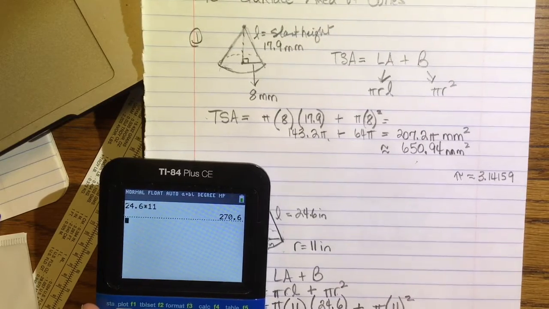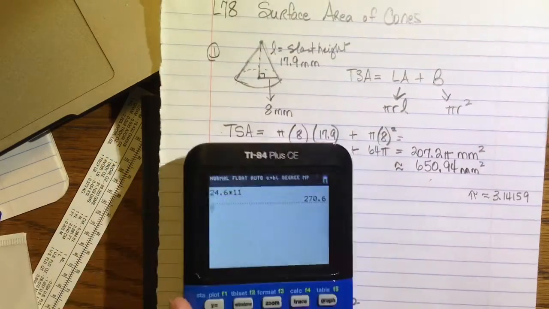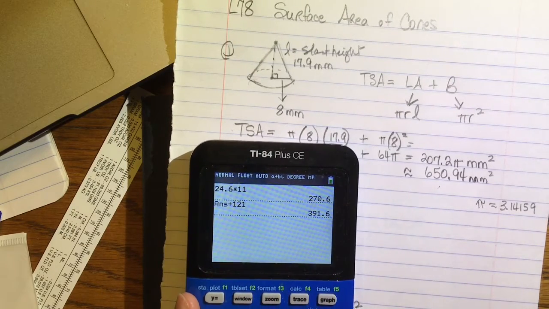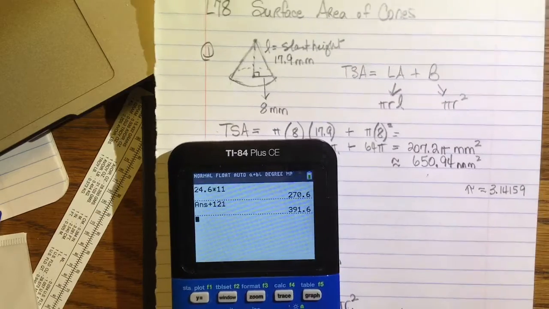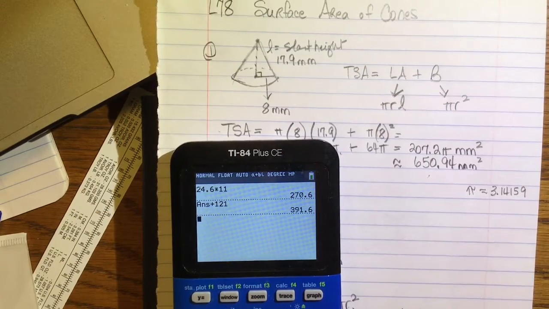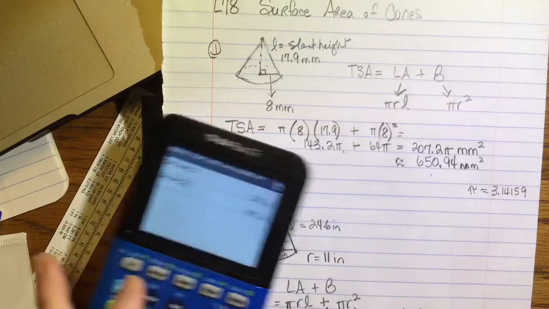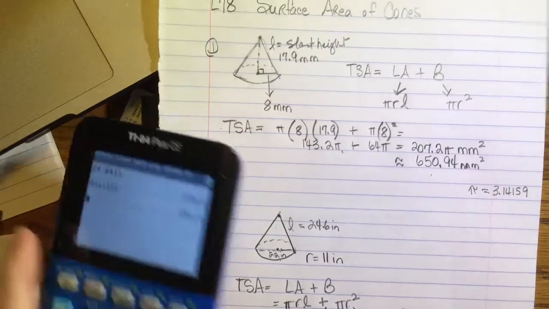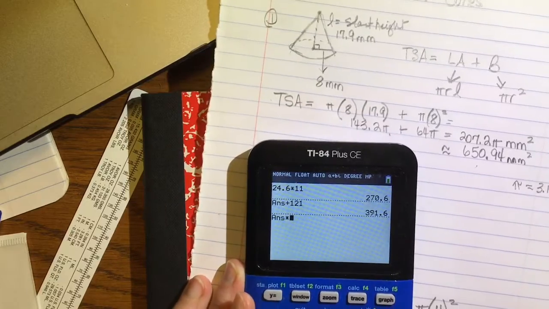So now I'm just going to add those two, and I got 391.6 pi square inches.